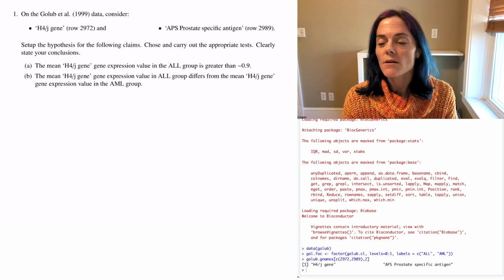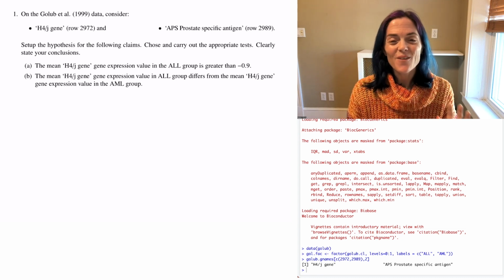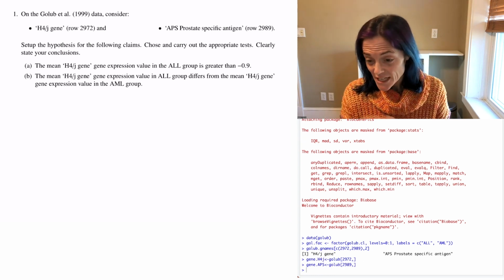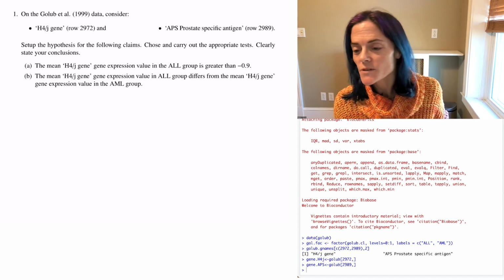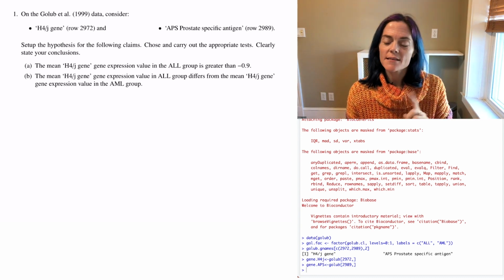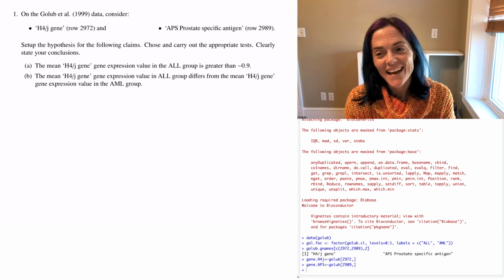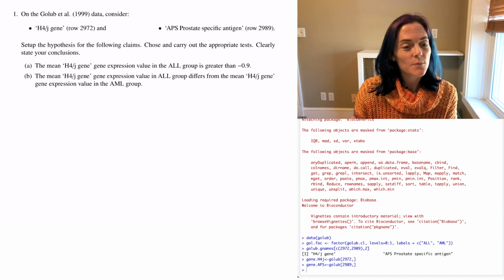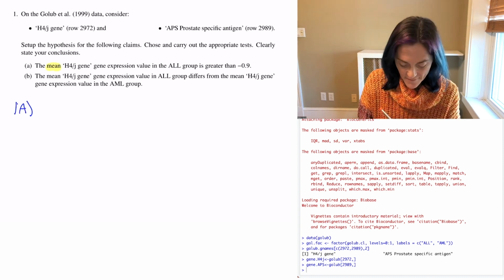You can see these are the correct rows for these genes. Then I can create a variable for each gene. Gene.h4j comes from row 2972, and gene.aps comes from row 2989. Okay, well, now we are ready to get started with 1A.